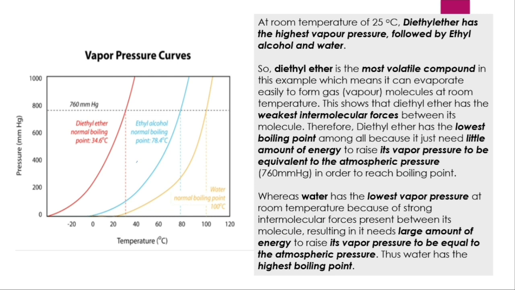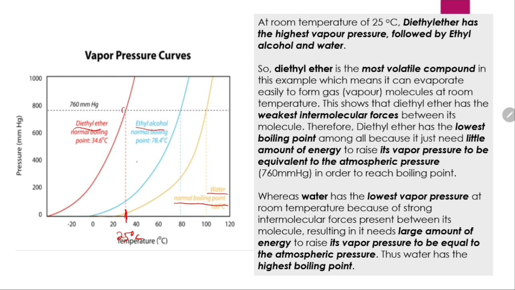Let's look at this vapor pressure curve. Mostly everything will be shown in the vapor pressure curve. We have three different molecules here: diethyl ether, ethyl alcohol, and water. At room temperature, which is here, 25 degrees Celsius, look at the vapor pressure for each one.